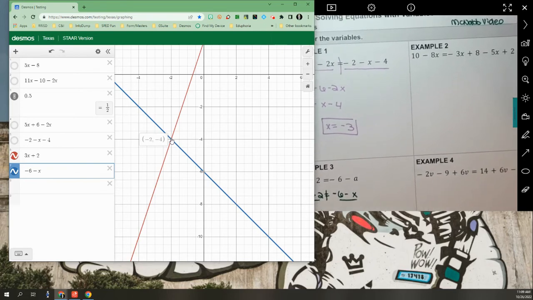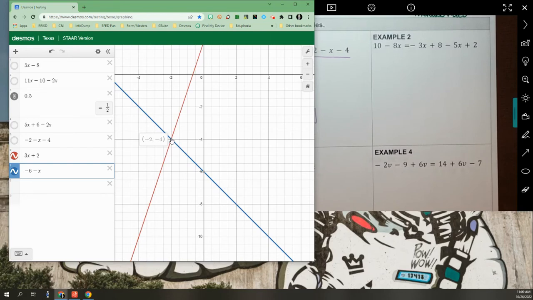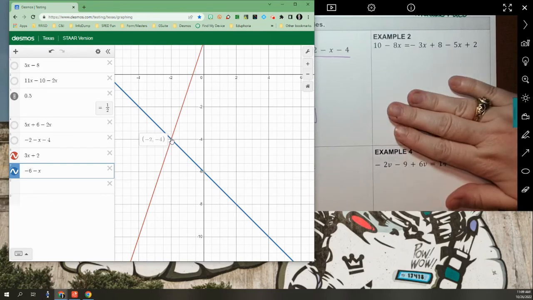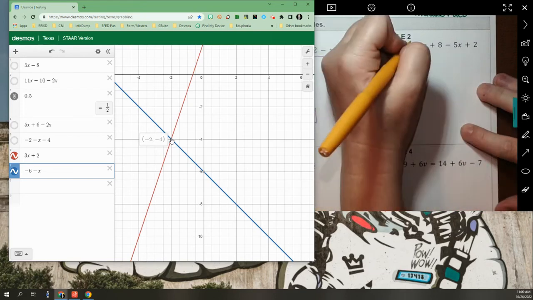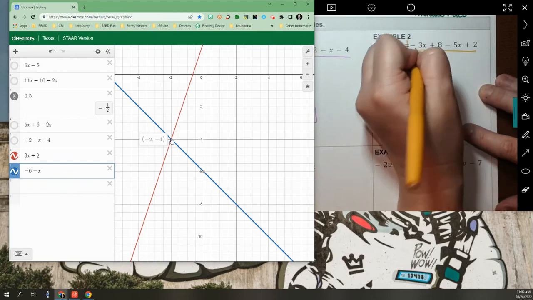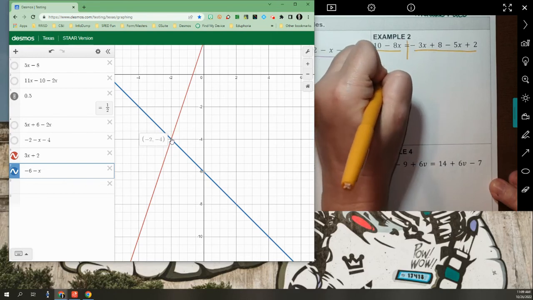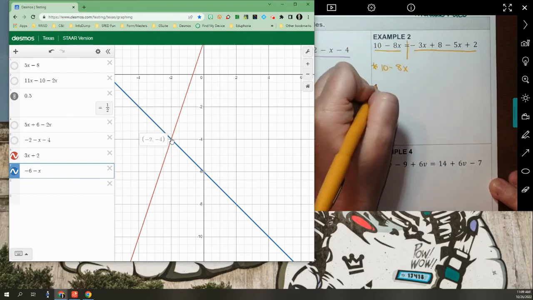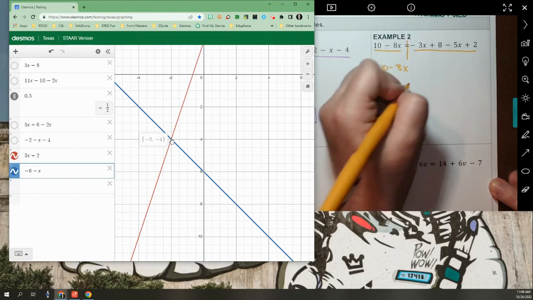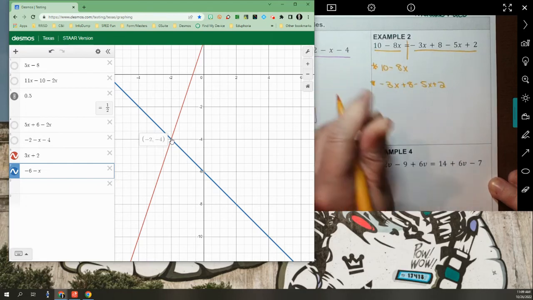Okay. Next up. Now let's do example 2. So we already have x's, so we don't have to change our variables. We just have to find our different sides and put it into Desmos. Okay. So I know I'm going to have 10 minus 8x, and I'm going to have negative 3x plus 8 minus 5x plus 2.